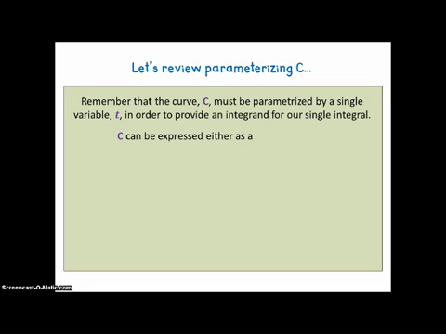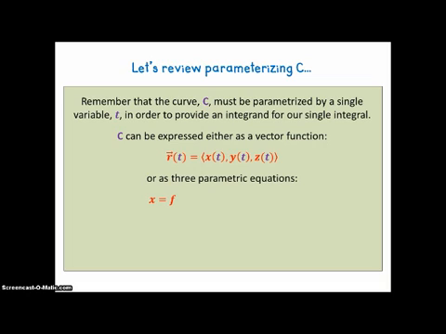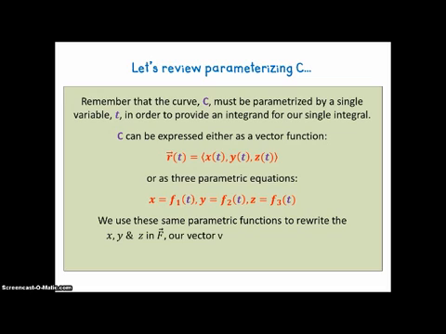C can be expressed either as a vector function, r of t, or as 3 separate parametric equations, x equal f1 of t, y equal f2 of t, etc. We use these same parametric functions to rewrite the x, y, and z in our vector valued function f to change f of x, y, z into f of t. So everything in a line integral must be expressed in terms of that one variable, which we usually just call t for the heck of it. You can use any letter you want, but t is popular.